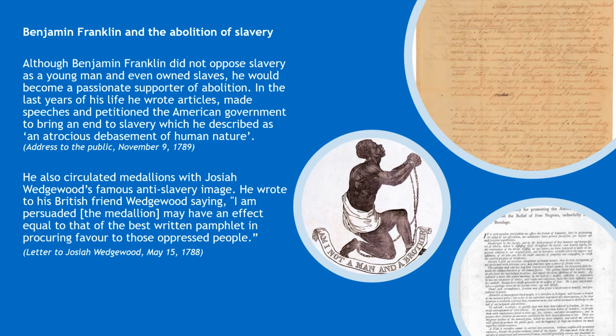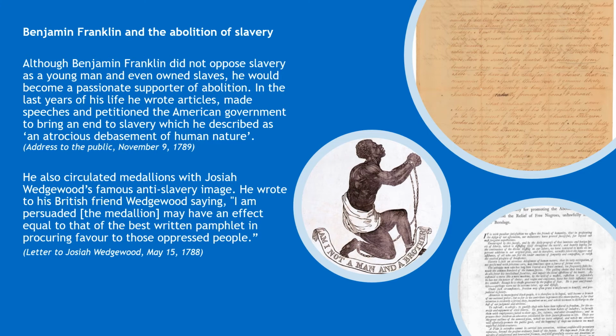He also circulated medallions with Josiah Wedgwood's famous anti-slavery image. This is the picture you can see in the small circle on the right. He wrote to his British friend Wedgwood, saying, "I am persuaded the medallion may have an effect equal to that of the best written pamphlet in procuring favour to those oppressed people." If you've ever heard the phrase, "a picture is worth 1,000 words," that's a bit like what Ben Franklin's saying here.